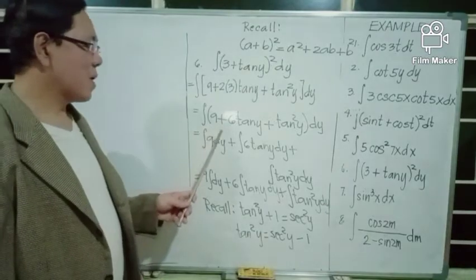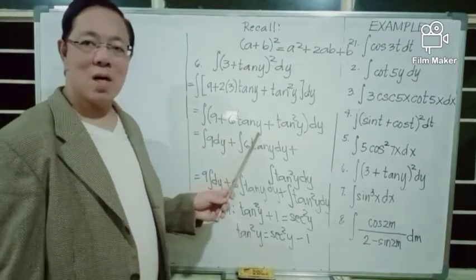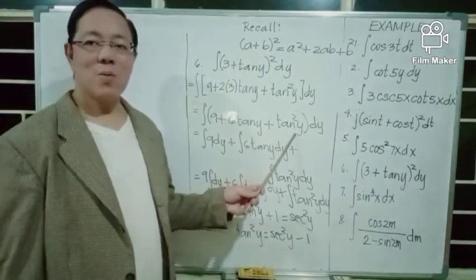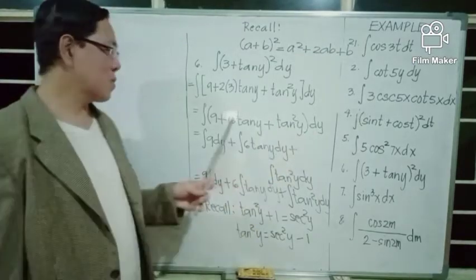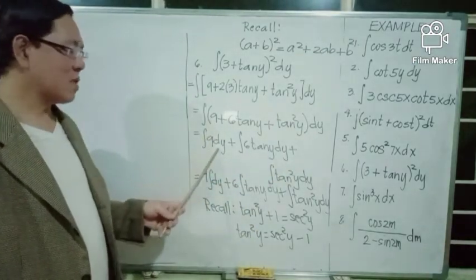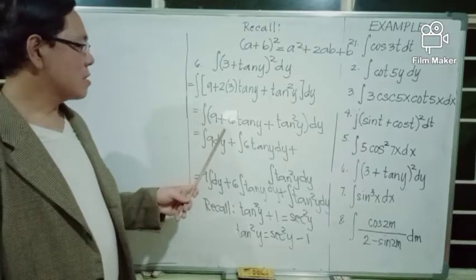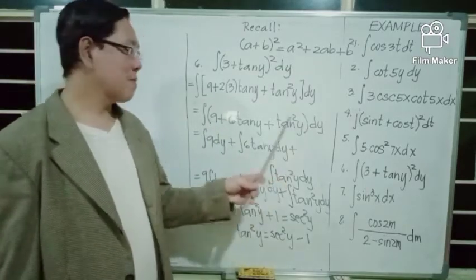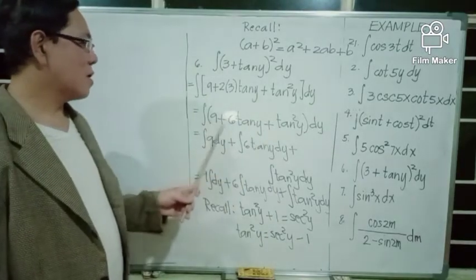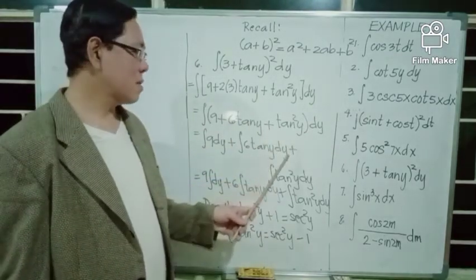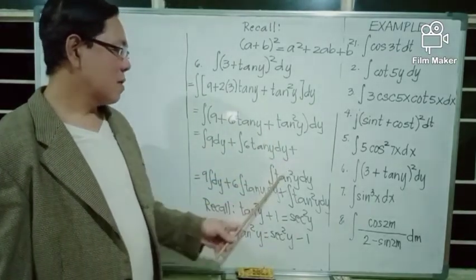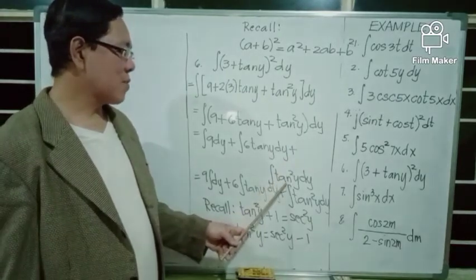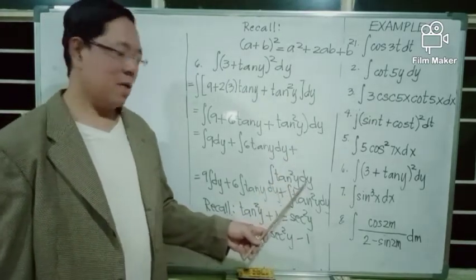Hence, the integral of 9 plus 6 tangent y plus tangent squared y with respect to y is equal to the integral of 9 with respect to y plus the integral of 6 tangent y with respect to y plus the integral of tangent squared y with respect to y.